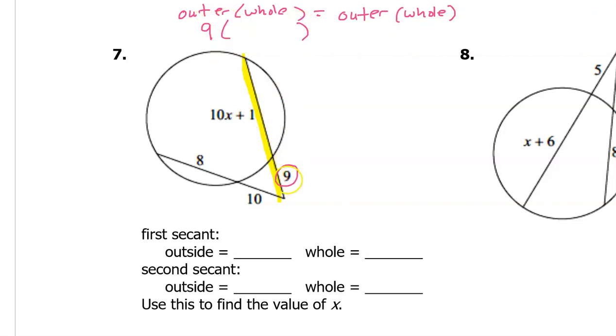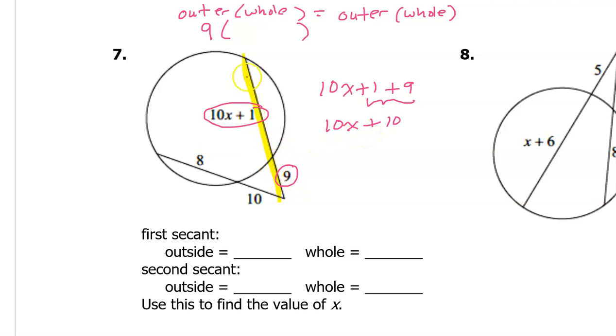So this is a little bit tricky. The whole, I need to add the 9 and the 10x plus 1. If I were to do 10x plus 1 plus 9, well, you see I have these like terms right here. That would make 10x plus 10.